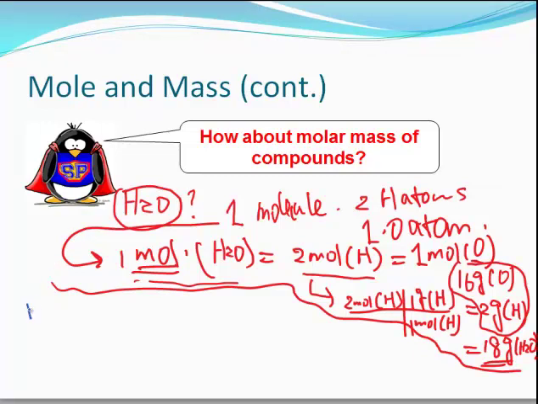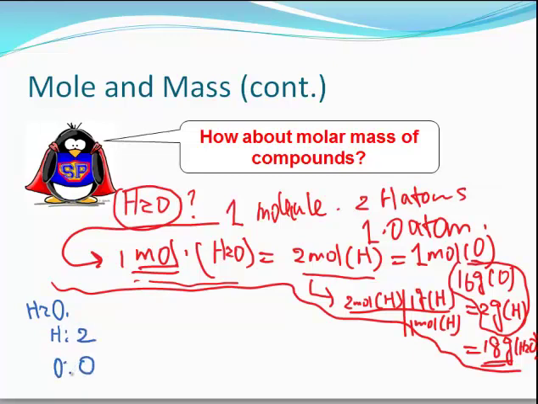Essentially, you're looking at the formula of the compound, which you learned in elementary school and middle school. For the formula of water, that would be H2O. In this H2O, how many hydrogens do we have? We're going to have 2. How many oxygens?